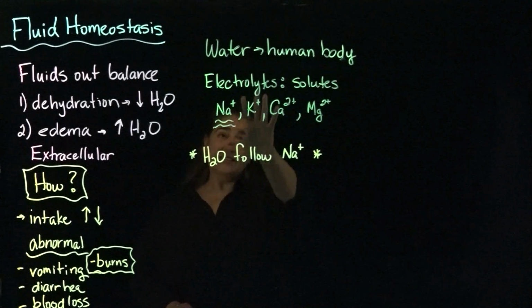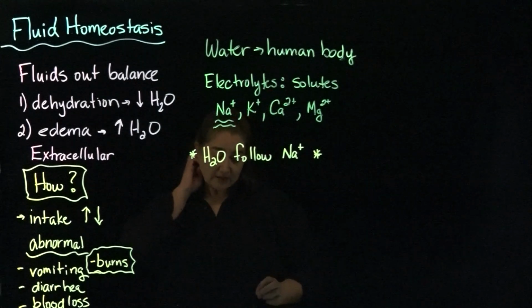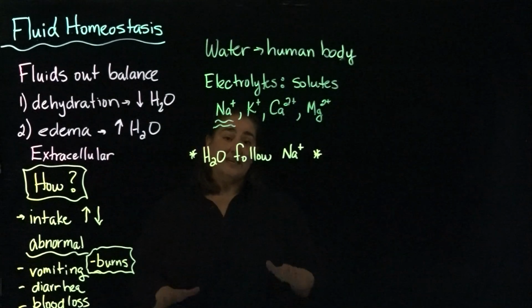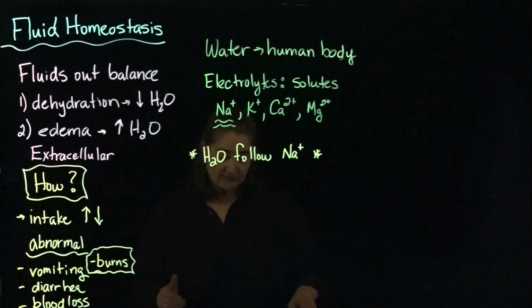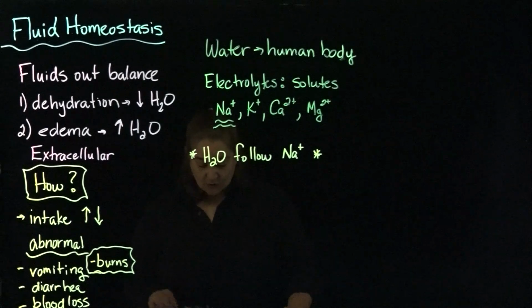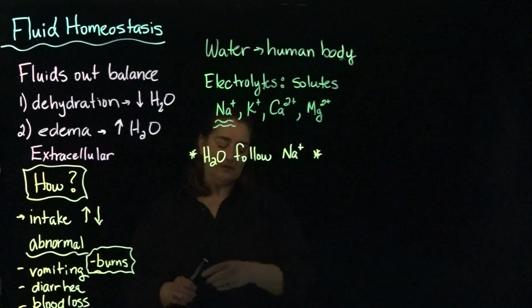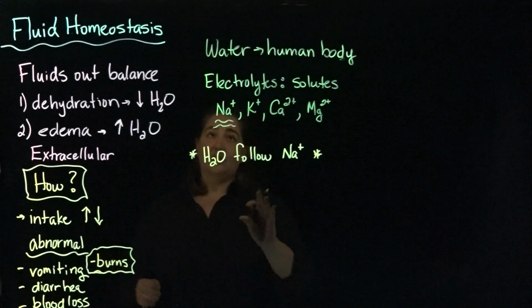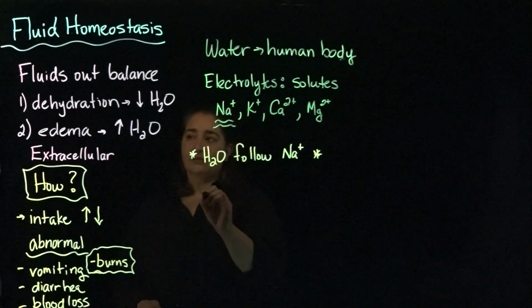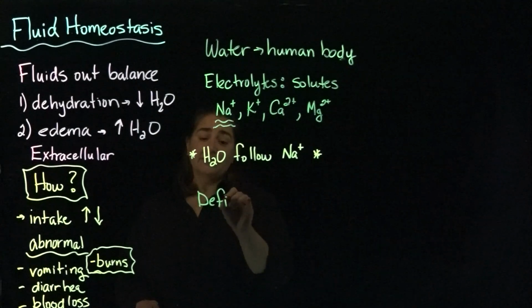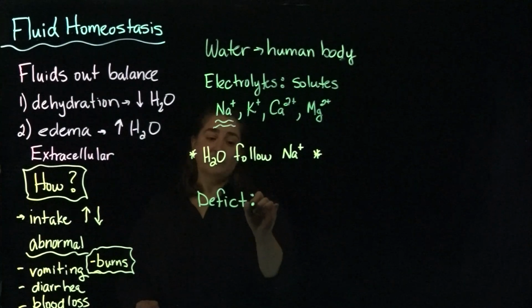So when these electrolytes get out of balance, this can cause disruptions in how the body functions. So disturbing fluid balance can be very detrimental. I'm going to start with this to concentrate mostly on fluid deficit, okay?